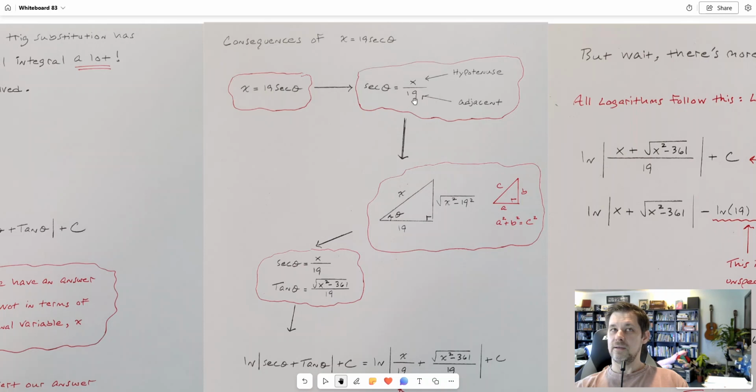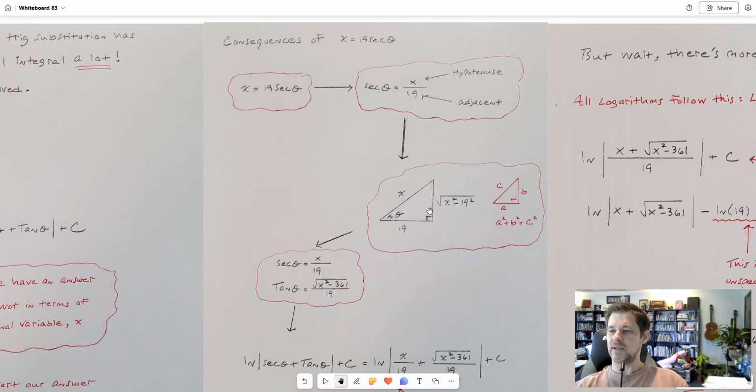But then if you want to visualize that angle and think about, say, right triangle trigonometry, where we have an angle, adjacent side, opposite side, hypotenuse, then you would find secant as hypotenuse over adjacent. That's what it means. And so I guess if you want to visualize that angle, it would have to look like this. The adjacent side is 19 and hypotenuse is x.